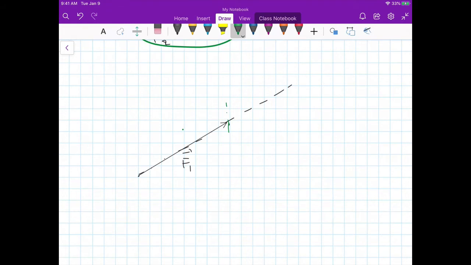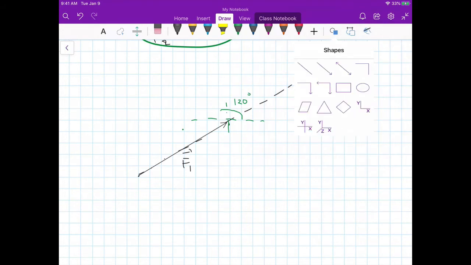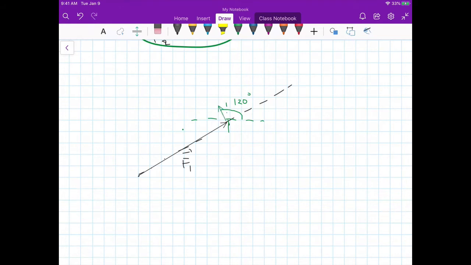Then you measure 120 degrees using your protractor, approximately up to here, and draw your second vector starting at the head.